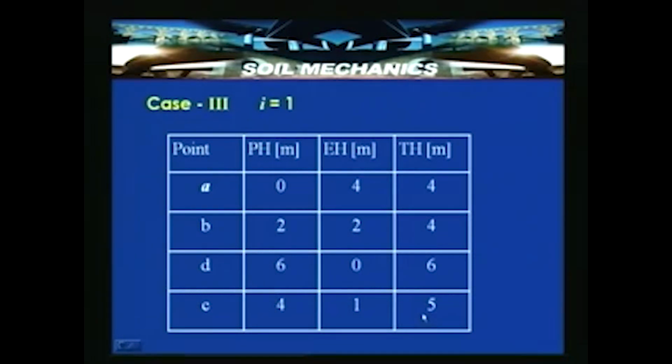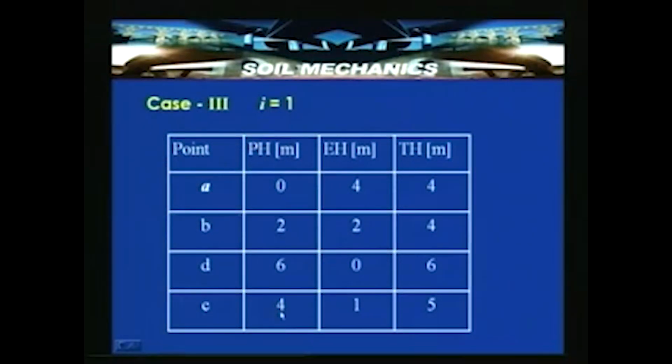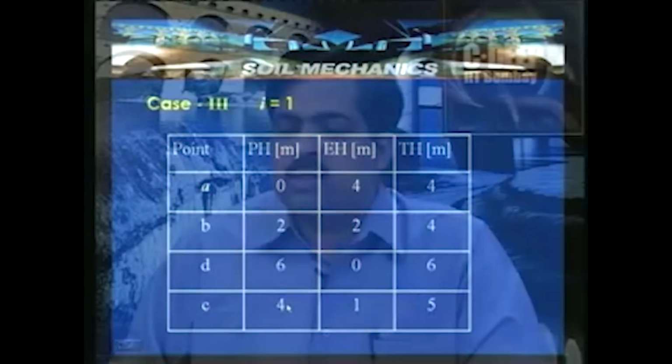At C, because the head loss is 2 meters, 50% of the loss would have already occurred. That indicates that the total head will be around 5 meters, elevation head is 1 meter, so the pressure head will be around 4 meters.